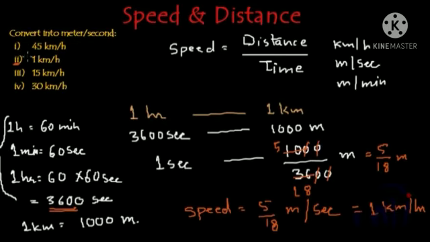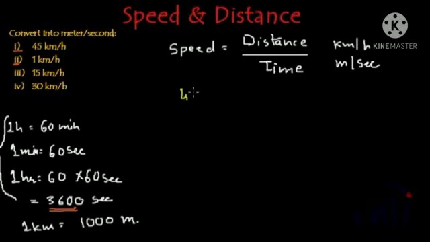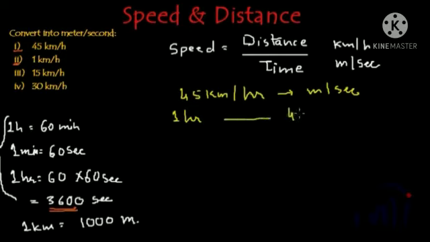Now, first problem. We have to convert 45 kilometers per hour into meters per second. In 1 hour, distance covered is 45 kilometers. That means in 3600 seconds, distance covered is 45 multiplied by 1000.